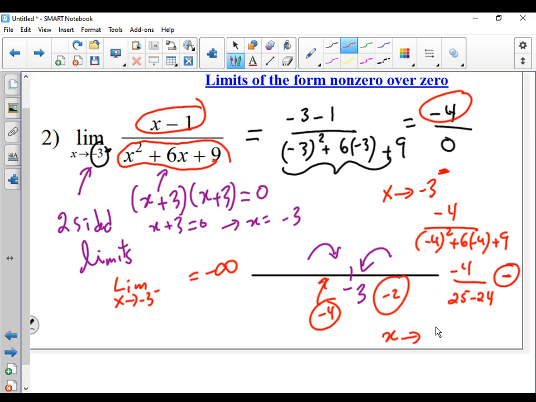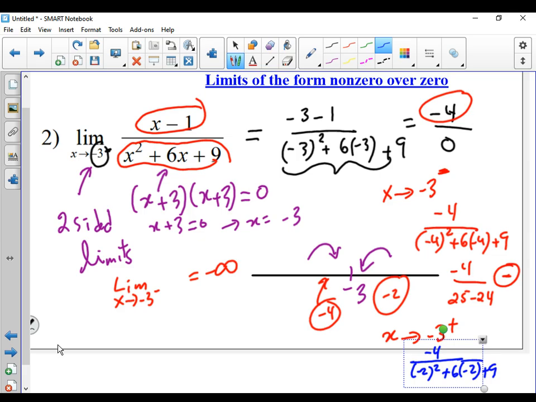Now we're going to investigate the limit from the right. As we're approaching -3 from the right, we're going to plug in -2 for x in the denominator. Again, the numerator is decided to be -4, but we're changing x in the denominator to -2 squared plus 6 times -2 plus 9.